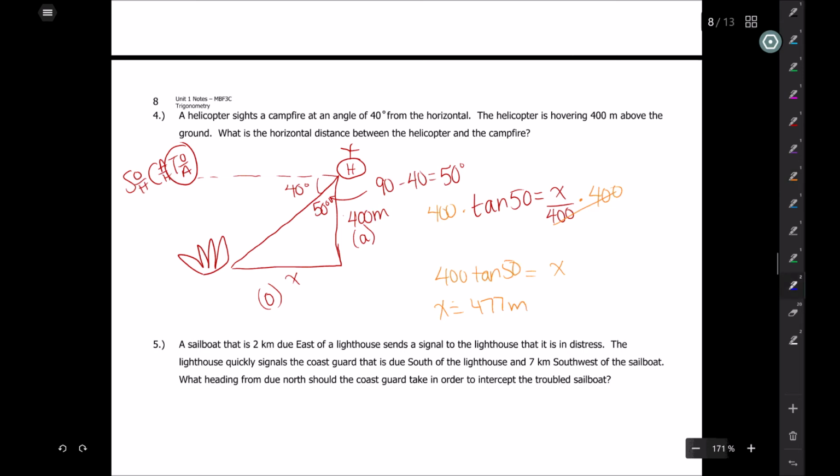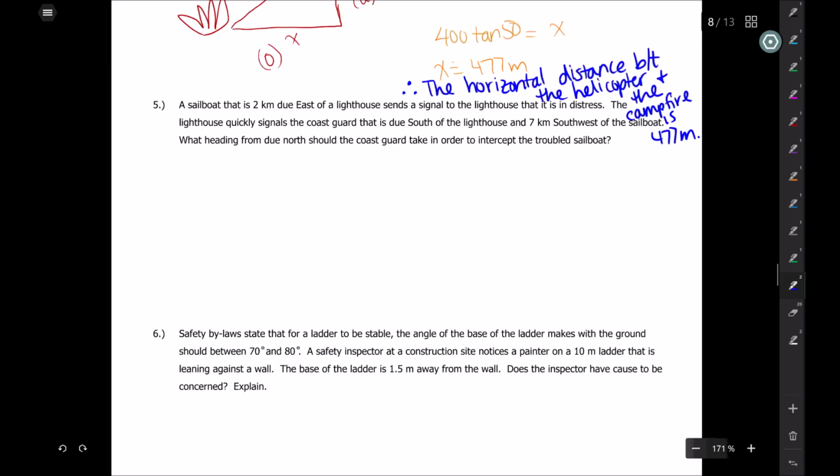So we can say here, therefore, the horizontal distance between the helicopter and the campfire is 477 meters.